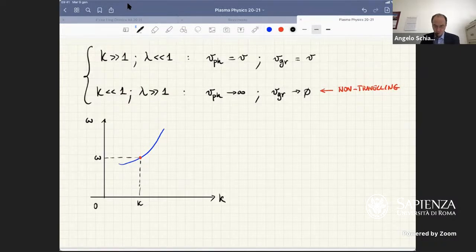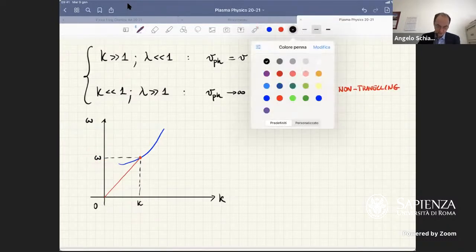So what is the phase velocity in this case? The phase velocity is represented by the ratio of omega over k. So it's just the slope of this line here.